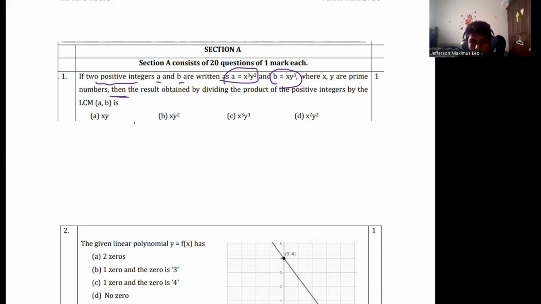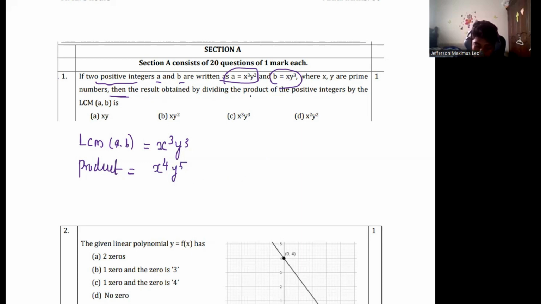I think you have an idea. First you work it out. LCM of a, b is x cube y cube. To take the LCM, we pick the higher power of each prime factor. The product of the positive integers is x raised to 4 and y raised to 5.